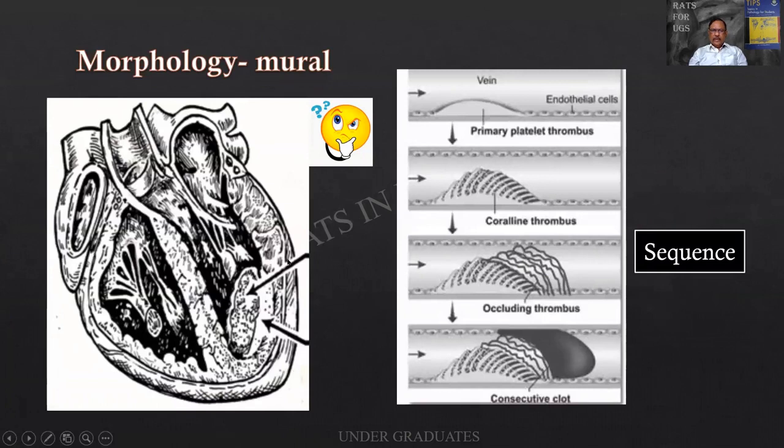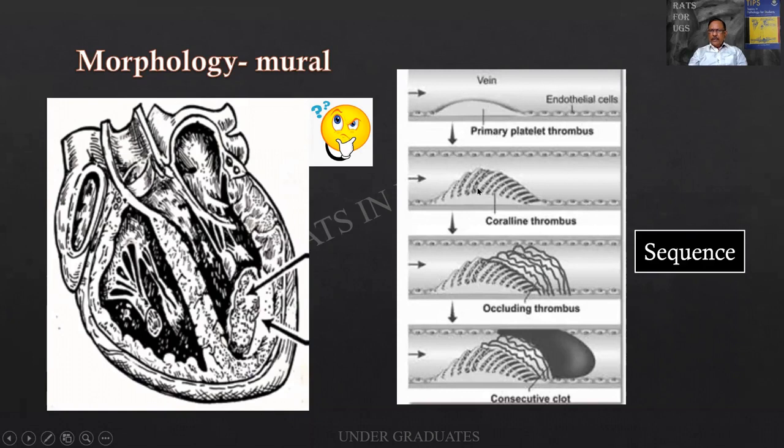Look at this one, taken from Illustrated Pathology. It is present in my book, the tips, and you find that there is a left ventricle. Probably there has been some kind of an injury over here or an infarction over which there is a thrombus formation. This is large and huge. It is a typical mural thrombus. What is the sequence that can happen? The endothelium is over here, but in this case it is lost, in which there will be aggregation of platelets and fibrin forming a platelet thrombus.